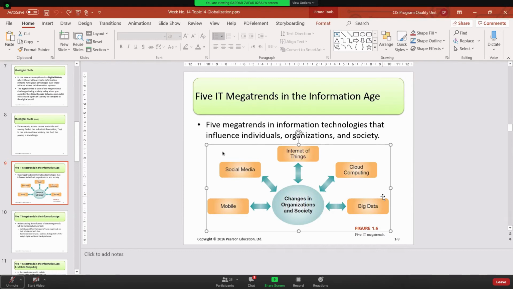Just imagine one city without mobile phones, one community without social media. Their life will change suddenly. So these trends have a great influence. These are all very important trends nowadays.